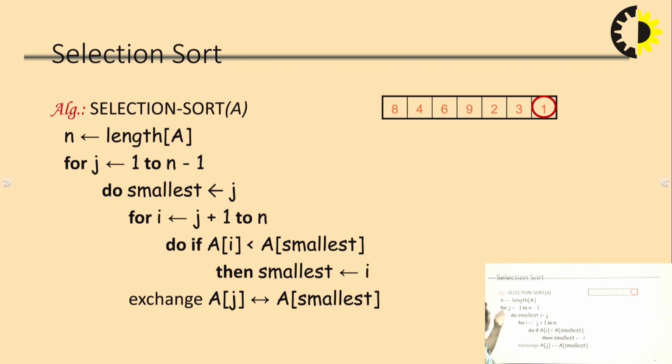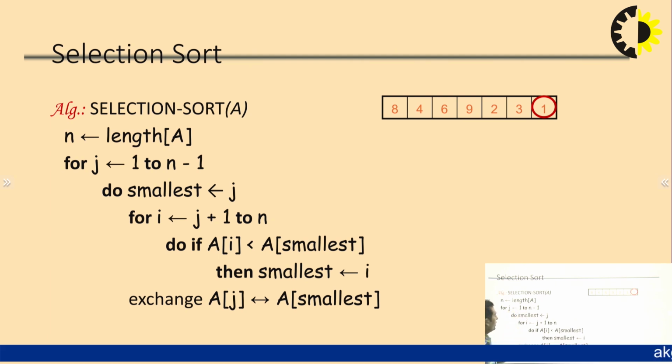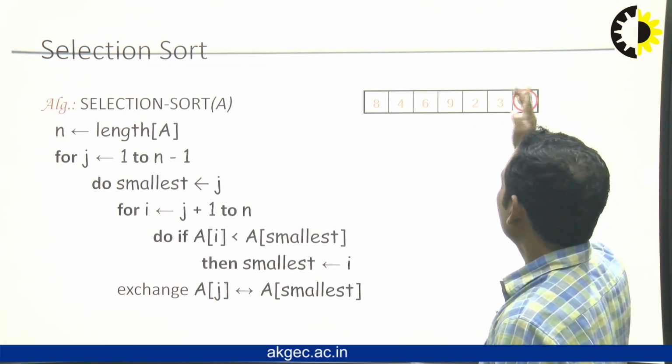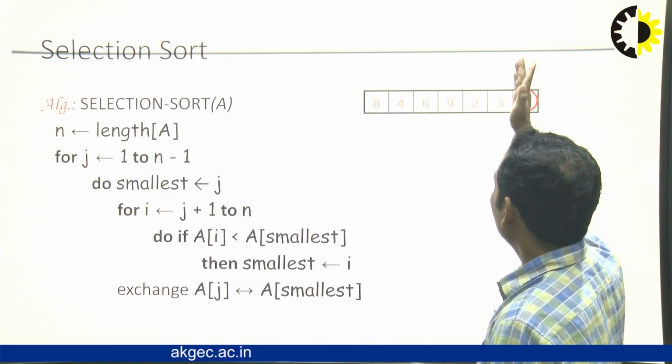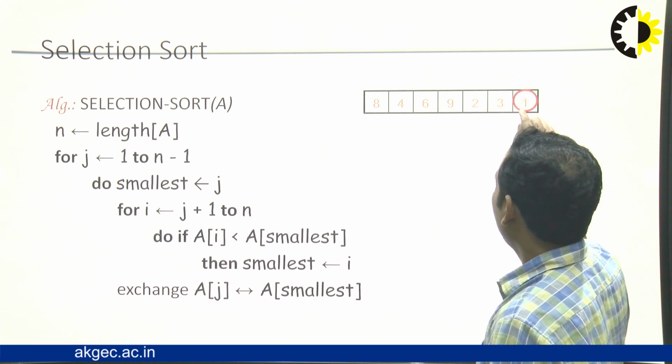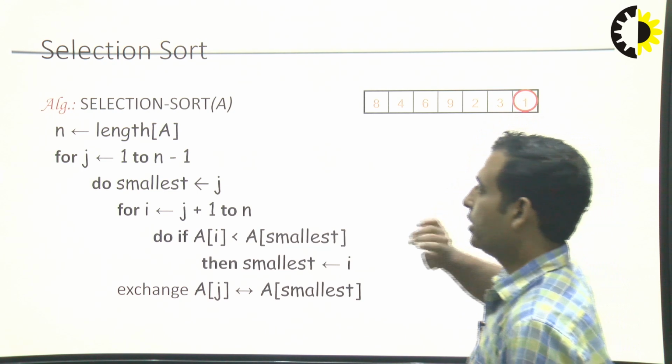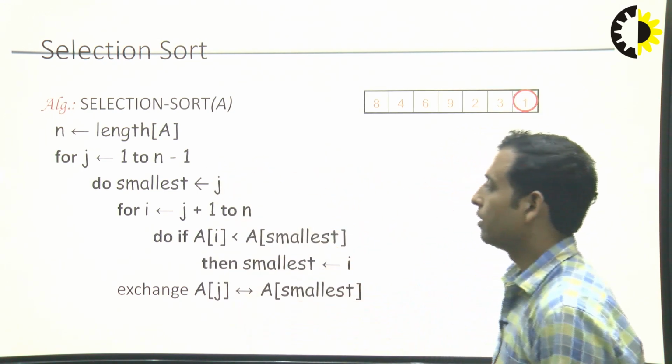So for j, which gives the position, j goes from 1 to n minus 1. We must choose n minus 1 elements, as the nth position element is already fixed, no need to go there.